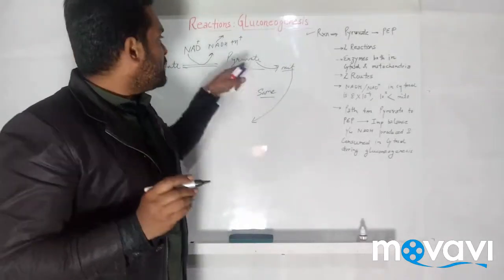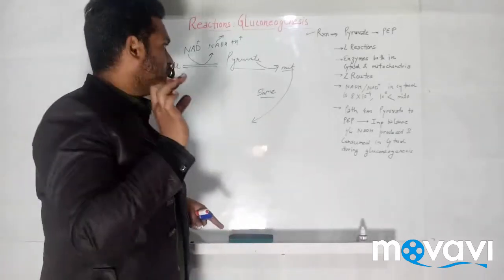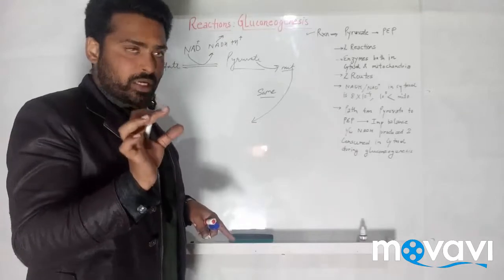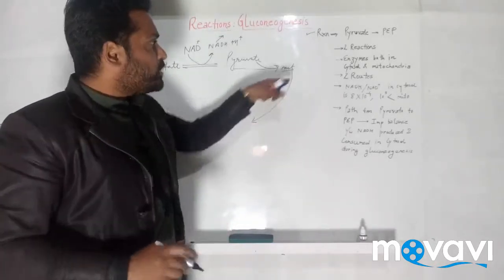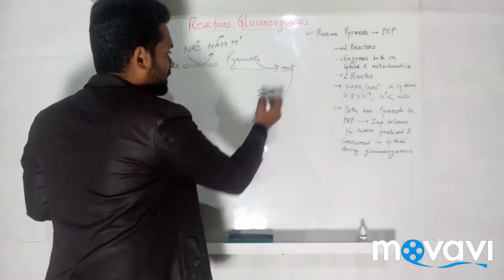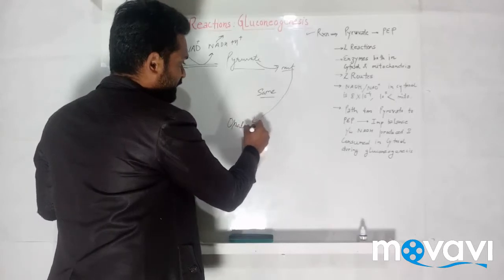Earlier we converted pyruvate into oxaloacetate, then converted that oxaloacetate into malate, and then transported that malate into the cytosol.